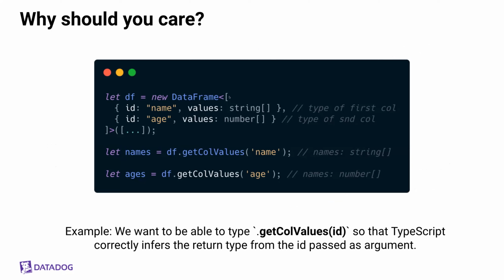It's parameterized by a list of columns, and each column has a different type. And you want the get column value method to return the right type for this column name, right? So if I get the column values for name, I want it to be a list of string. I don't want it to be a list of string or number because it's not super useful. So that's something I'll show you how to do.